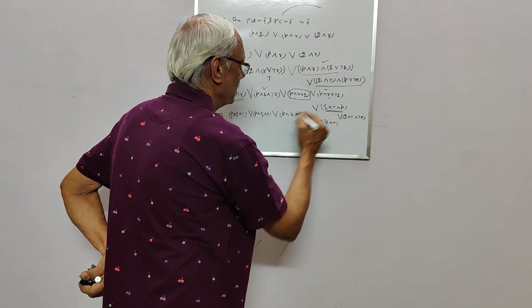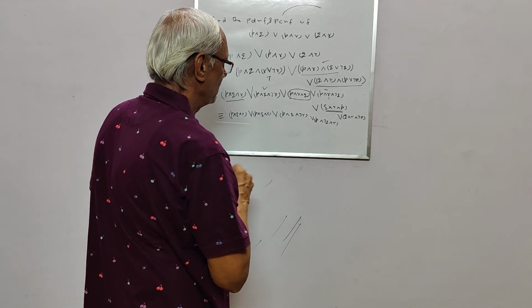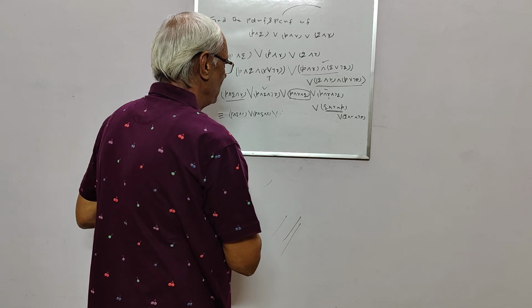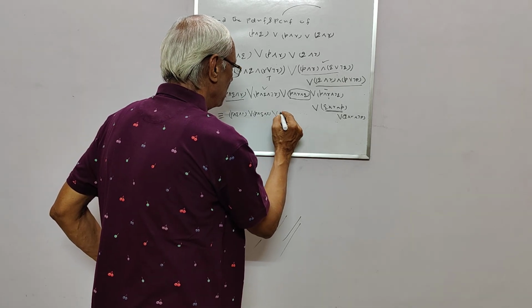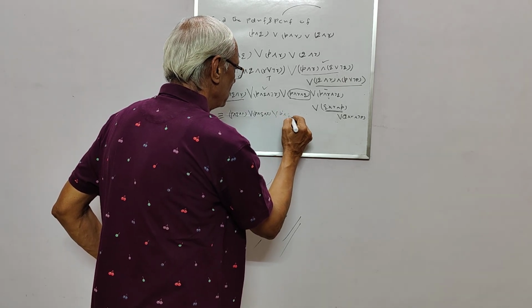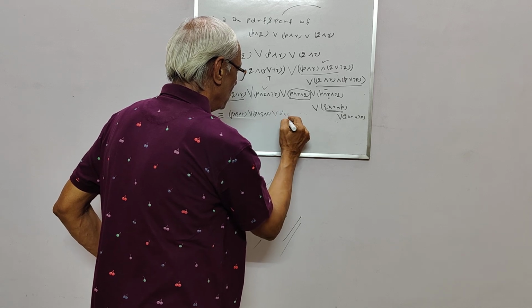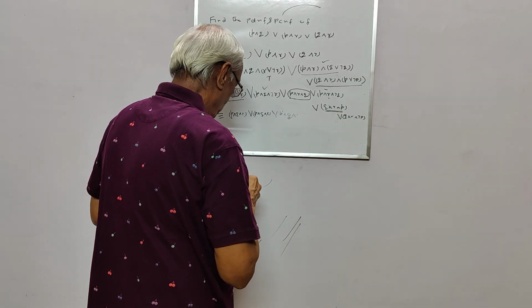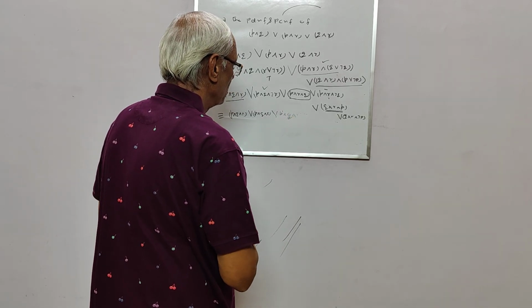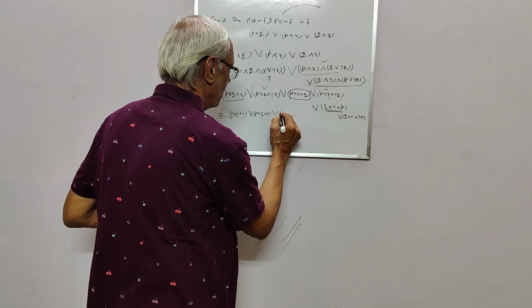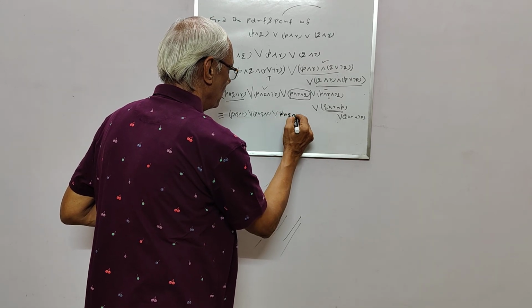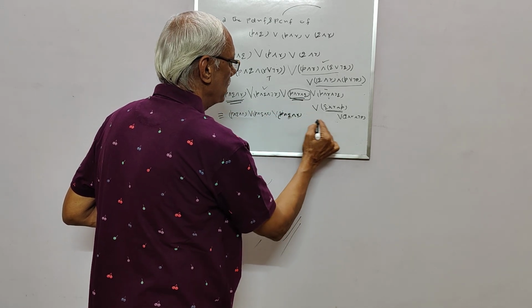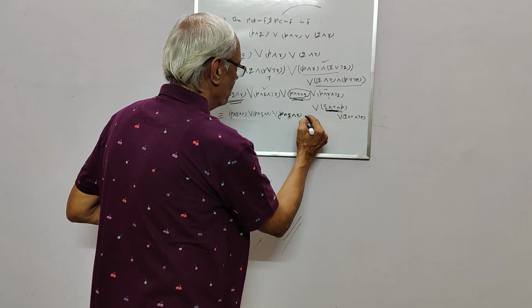So three terms are there. So you just see that it is 3 PQR, this is PQR, this is PQR, and here also PQR.